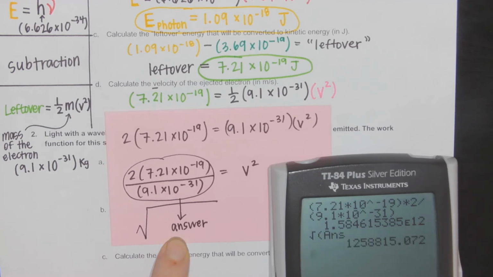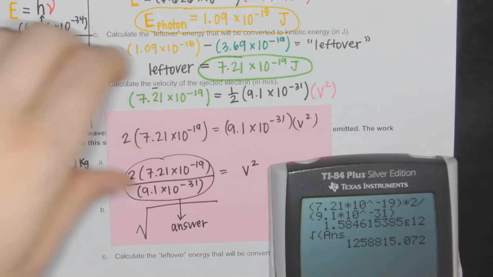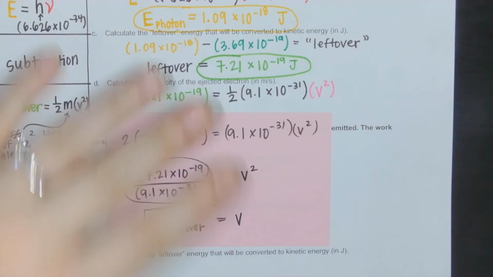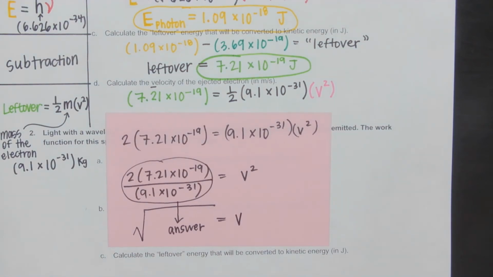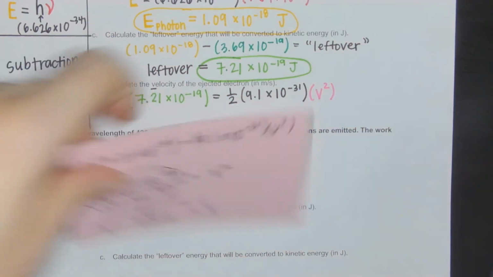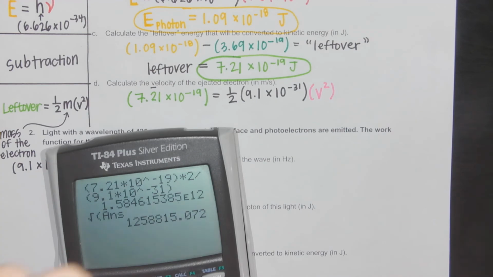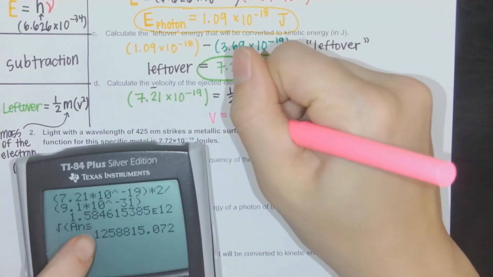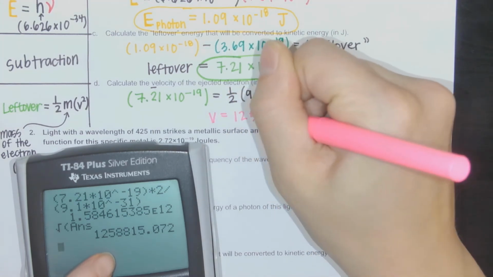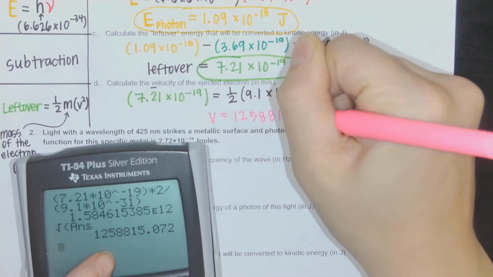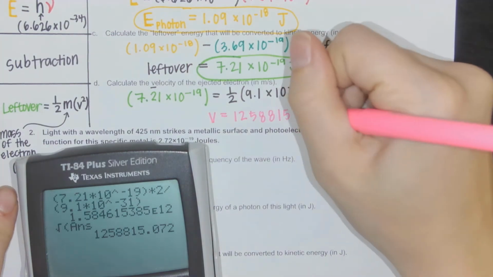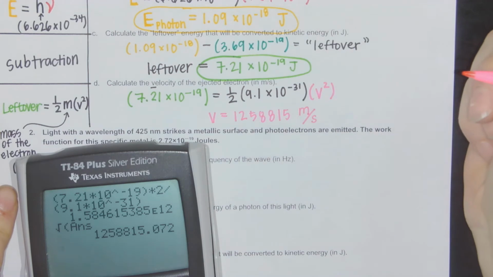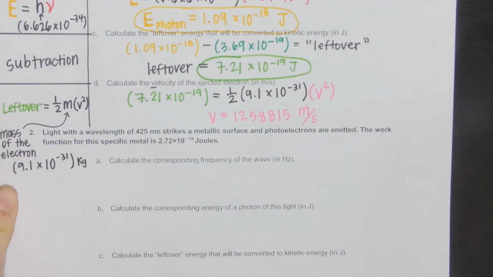And my velocity here, this will equal velocity. My velocity, according to the calculator, is 1258815. This is how many meters the electron is traveling every single second. Meters per second.